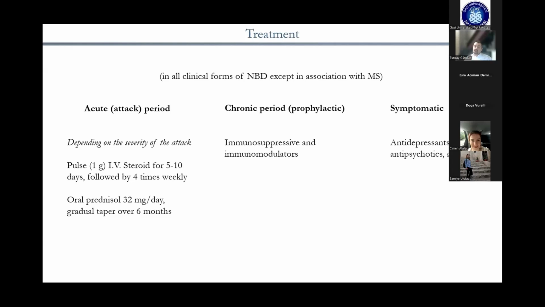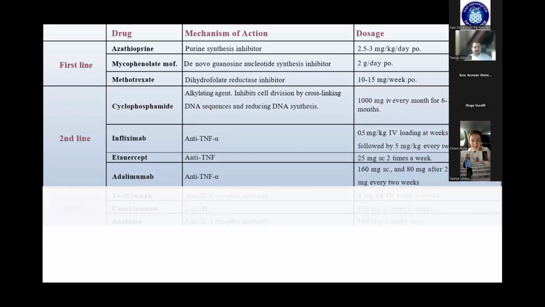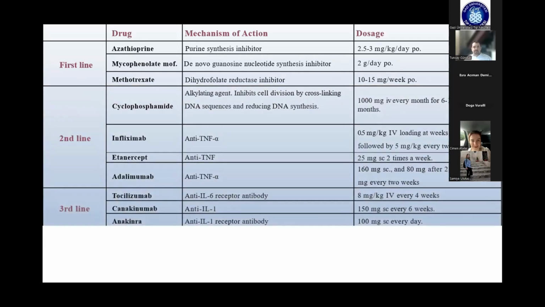We also need symptomatic treatments because patients show a lot of cognitive dysfunction symptoms or epilepsy, so you should treat accordingly.